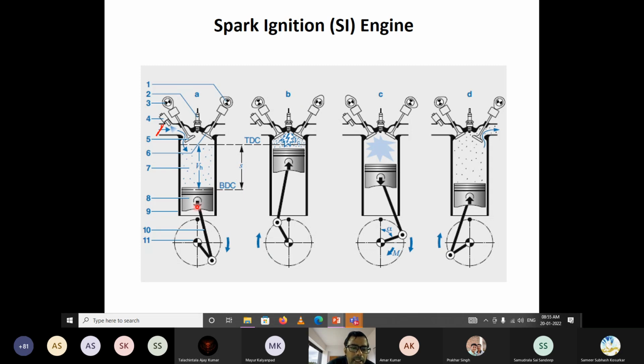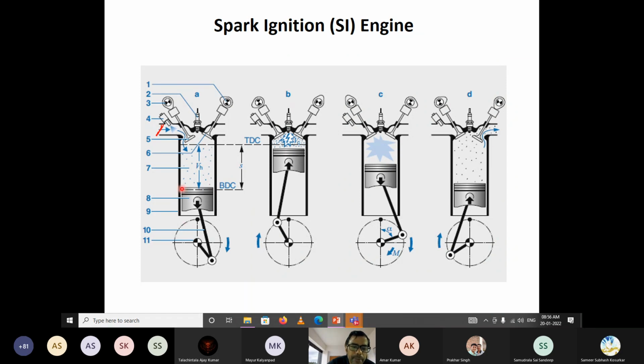Then what will happen? Not all the fuel that is required for that particular operating condition of the engine is going to be injected. That is not a good situation, so your air fuel mixture is not going to be correct as per the operating condition of the engine.